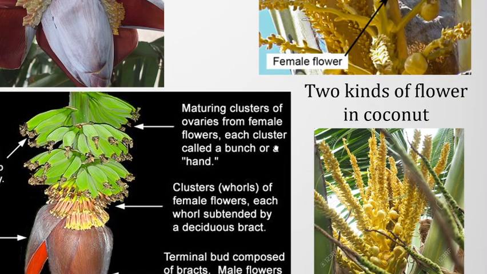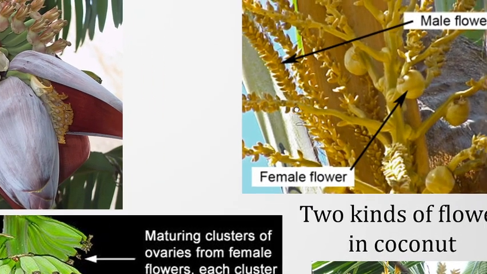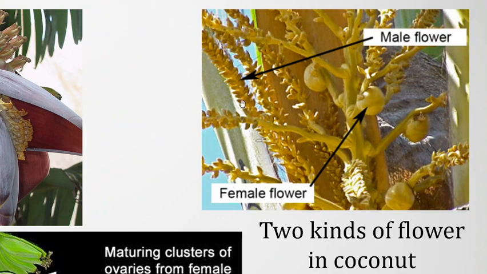And we see there are also two kinds of flowers on the coconut. Here we see that these small sized flowers are called male flowers, and the ball-like structures we see are called female flowers.